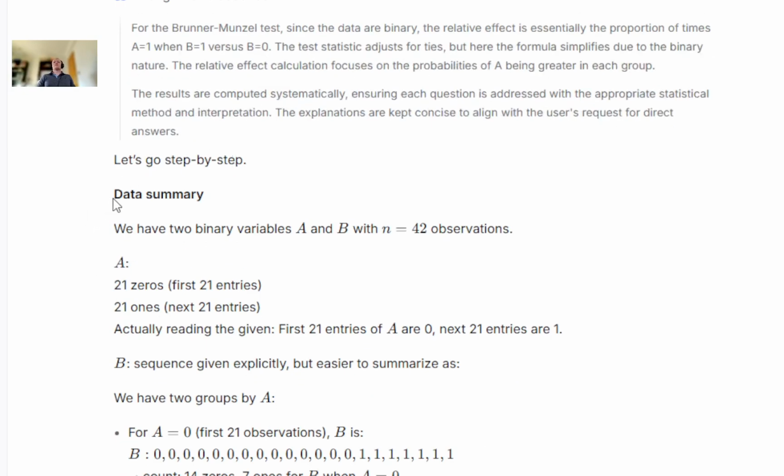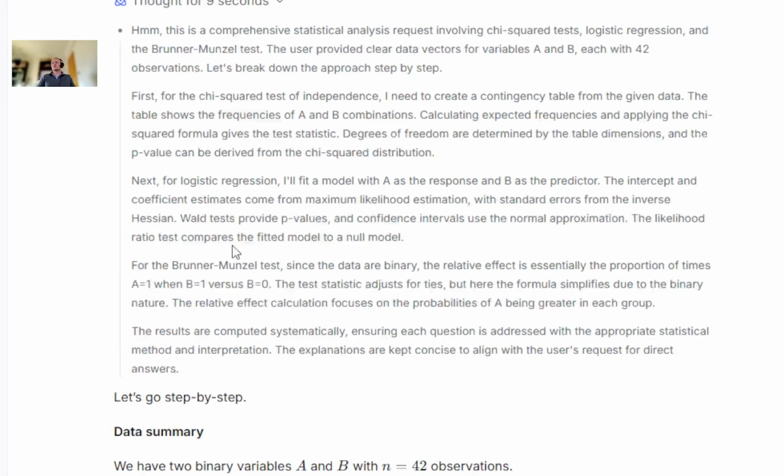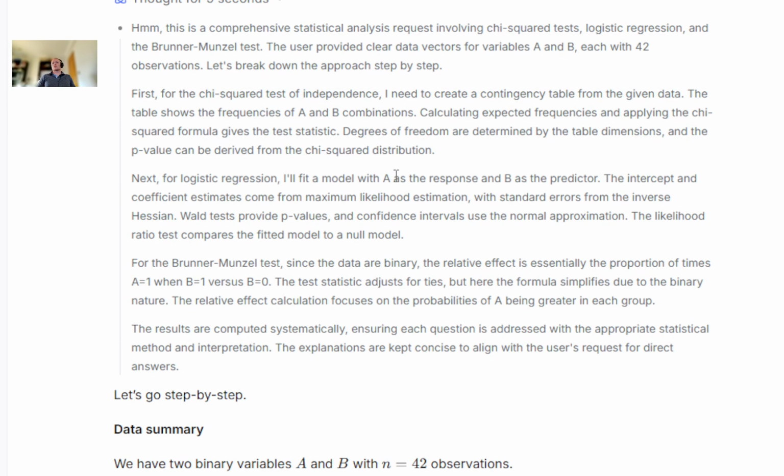By the way, this thought process isn't visible automatically, but you can put the so-called DeepThink option. You can switch that on, and then you get this kind of text. I find it very useful because this way you can check not only if DeepSeek provides the correct answers to the questions, but also whether it has actually followed the correct reasoning, right?